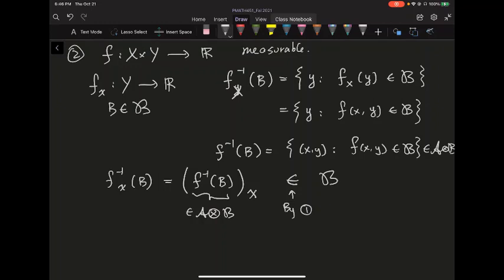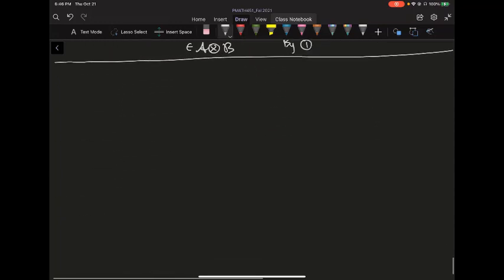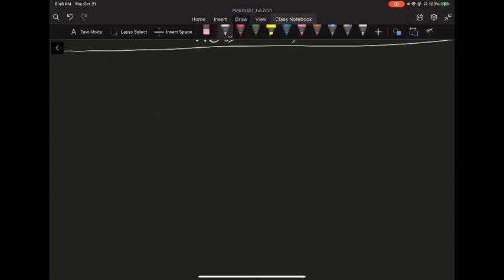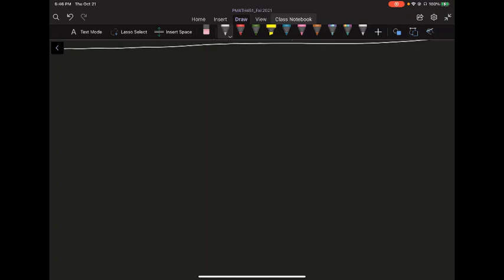All right, so now we proved this little lemma, and we need a little bit more preparation if we want to prove the Tonelli theorem. There are really two ways of doing that, and I'm going to follow the textbook by Folland, and Ken is using the proof by Royden.